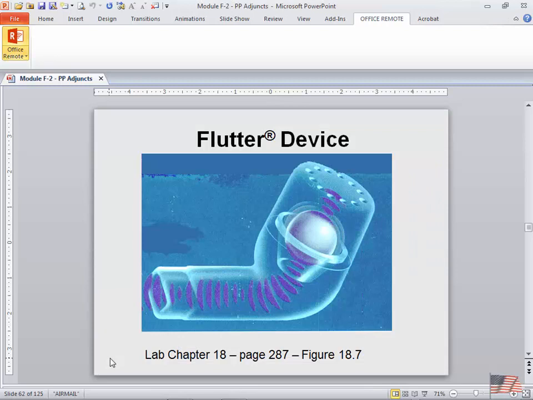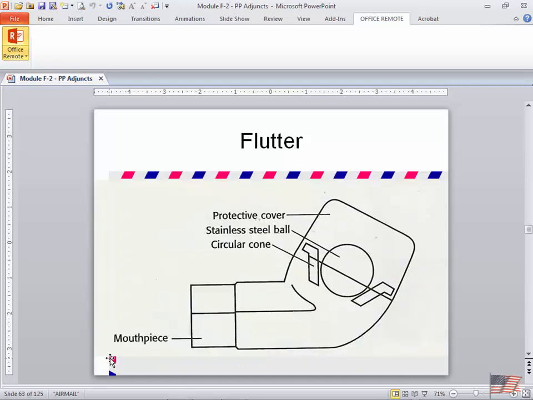First one I want you to know, and this is one that you should be aware of because it is used a lot, is called the flutter device. What it is, is a stainless steel ball in a circular cone. The mouthpiece is on the left-hand side. The patient breathes in, taking normal inspiration, but as they exhale, they're exhaling through that, pushing that ball.